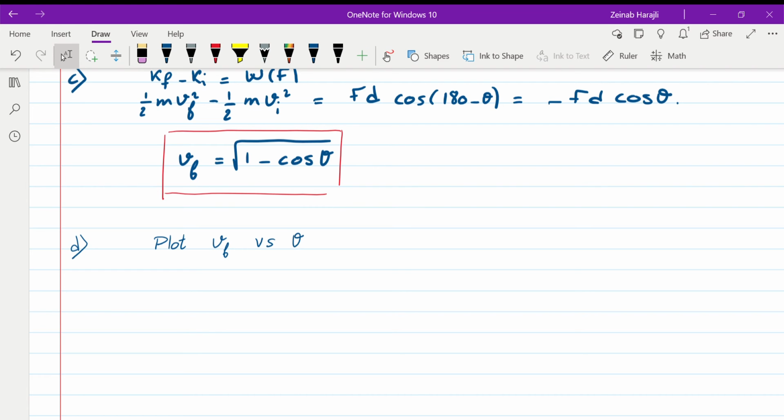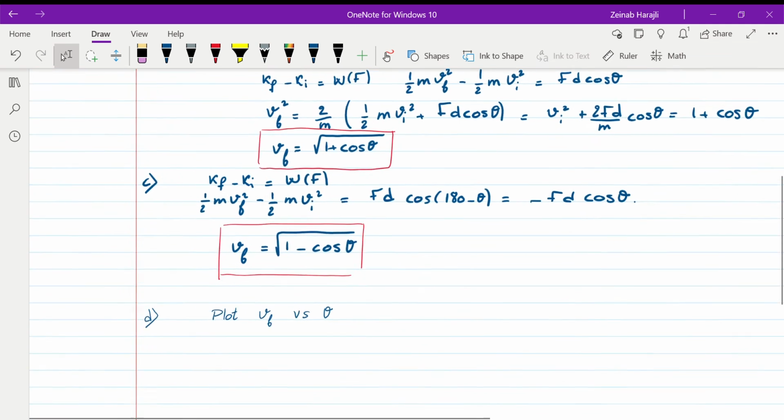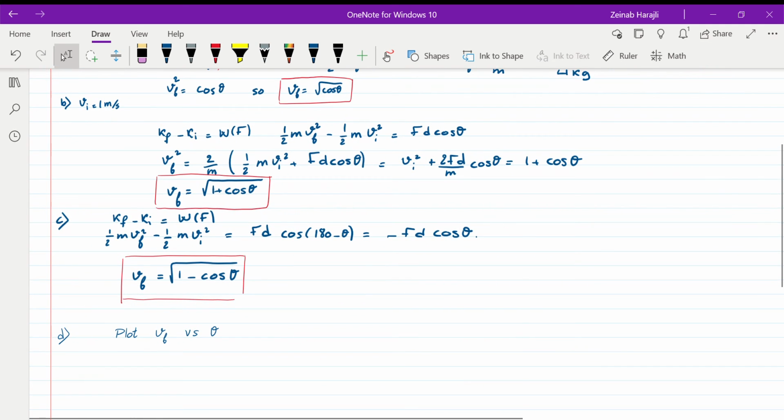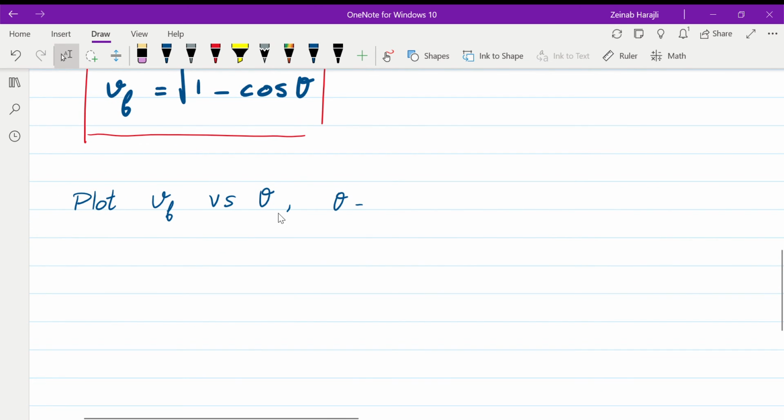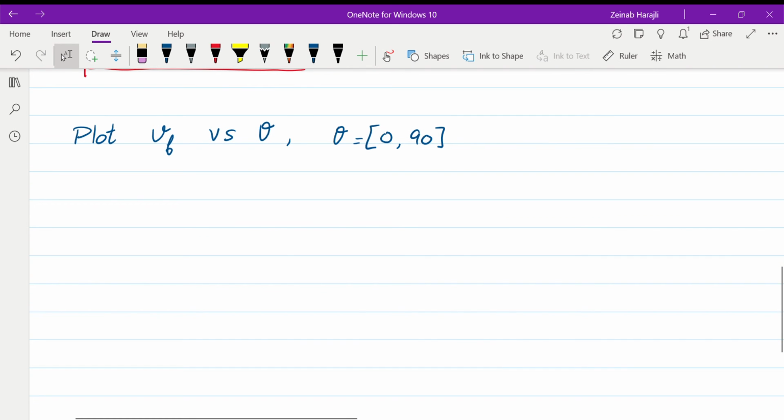Now we know that V final has these three expressions for the three situations, but they are all in terms of cosine theta, right? So plotting them will give us sinusoidal curves. Let's say that we want to find the plots with theta equal to 0 all the way to 90. So we're interested just in this region.